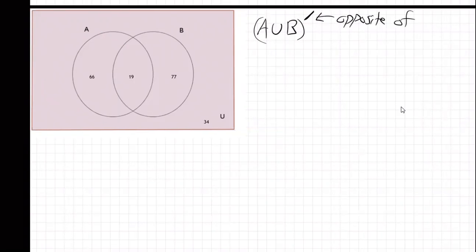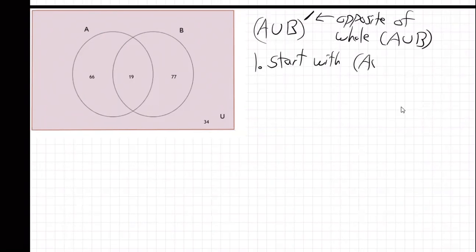Opposite of the whole A union B. It's on the parentheses, not on an individual letter. So, you know, same two steps. We've got to start with the parentheses. Start with A union B. And down here on step 2, we'll take the opposite.